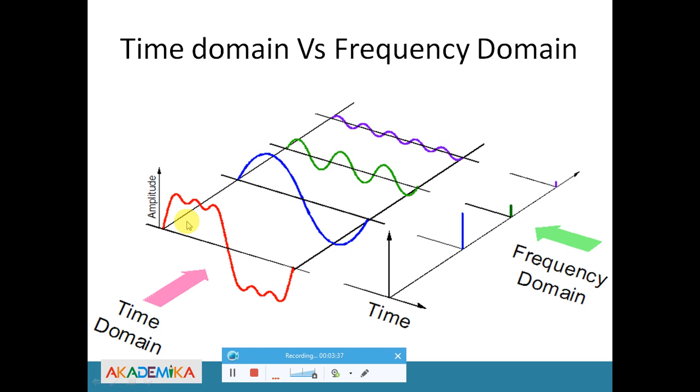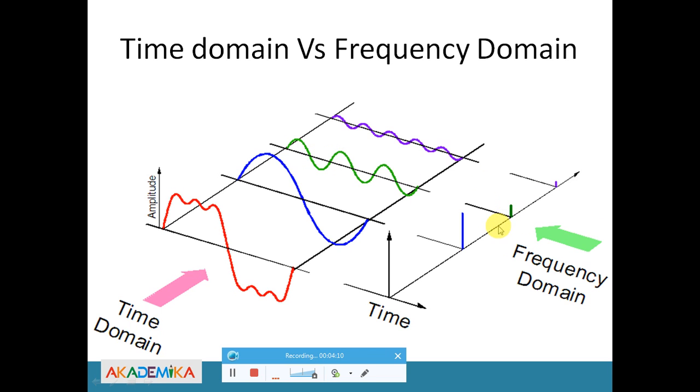Take any complex signal, suppose this red signal, which has so many signals added together, so the matter is very complex. If you look in the time domain, you get the blue line plus this high frequency line plus this line. If you add these three different waves, you will get your complex one. To represent it in the frequency domain, this line has a lower frequency, and its wavelength is very long.